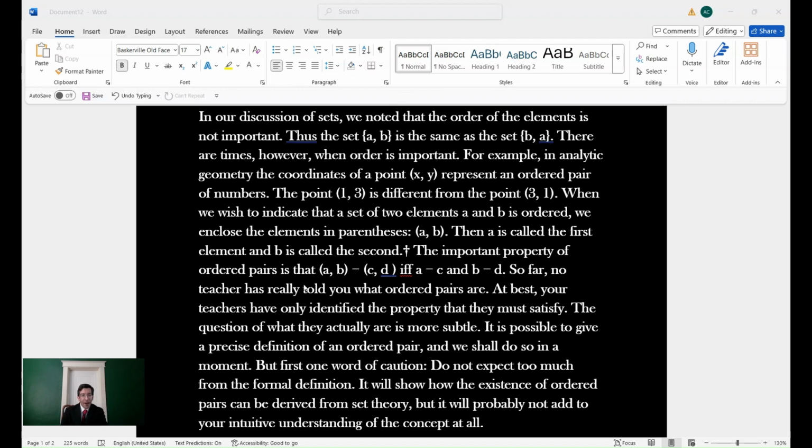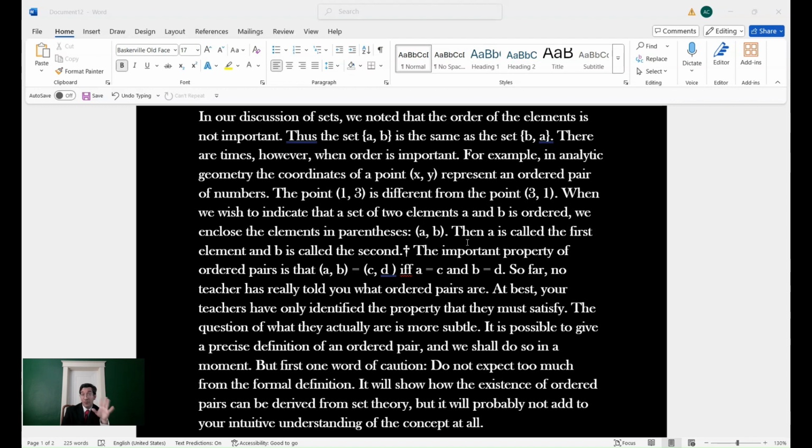So when we wish to impose such an order upon our elements, we have to abandon the laxity, and we no longer use braces in this case. We have to use the parentheses typically. So A stands as the first element, and B assumes the proper place as the second. And I put a little footnote here, the cross symbol, because you notice that the parentheses is also the symbol for an open interval.